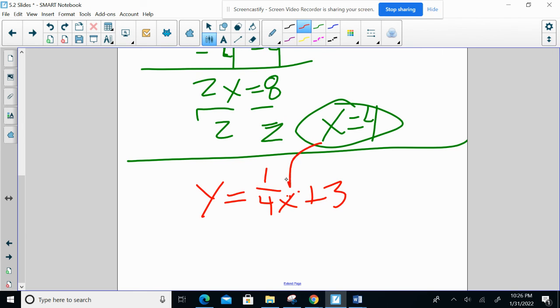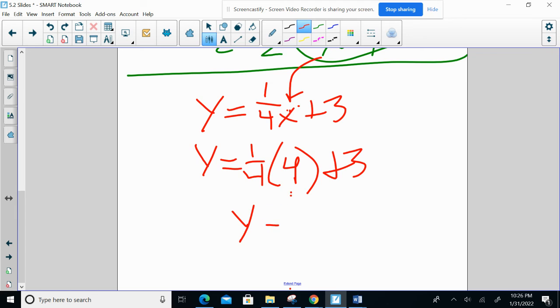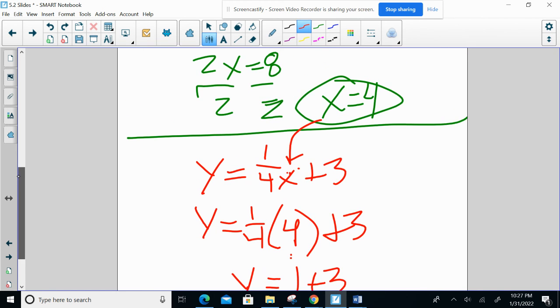Plug this in for x. Sorry for the sloppy writing, folks. But ultimately, there it is. 4, 4.